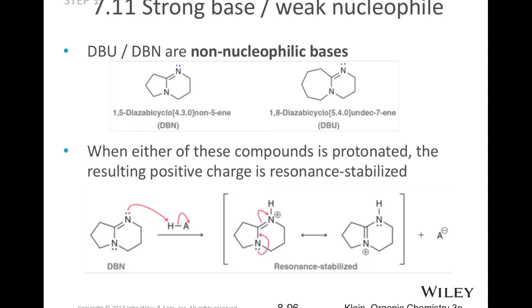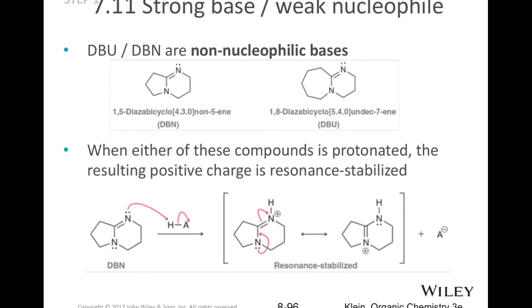In DBN, the N stands for nonene, so non stands for 9 carbons. And in DBU, the U stands for undecene, so that means it's got a total of 11 carbons. I'm not going to go over the nomenclature of DBN and DBU. Suffice to say that I won't ask you to draw these compounds, but you should be able to recognize their acronyms, and you should know that they are non-nucleophilic strong bases.